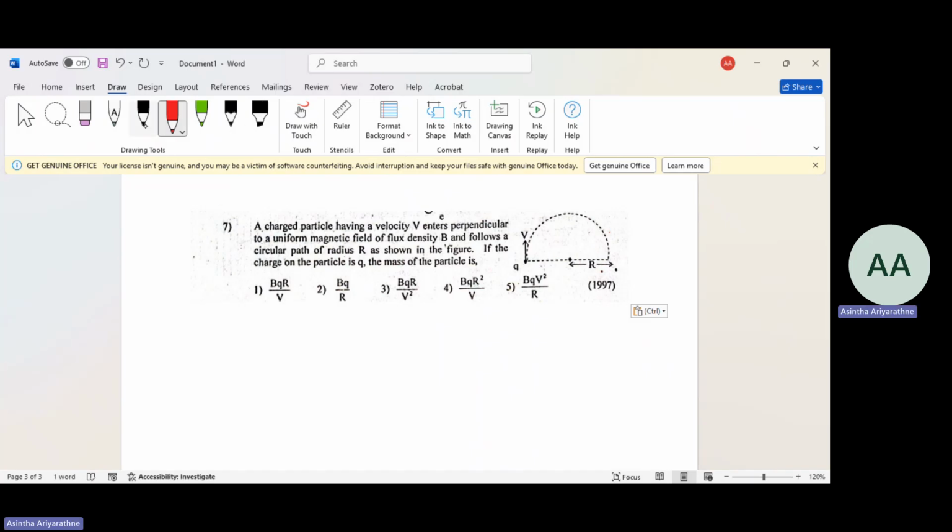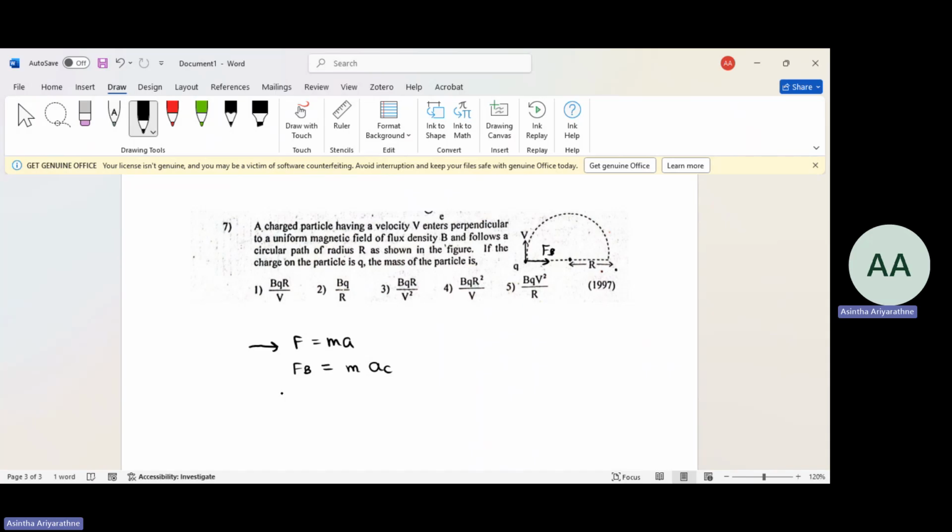The magnetic force acts in this direction, which acts as the central force. So what I can do is just apply F equals m a towards the center, where F_B equals the central force.